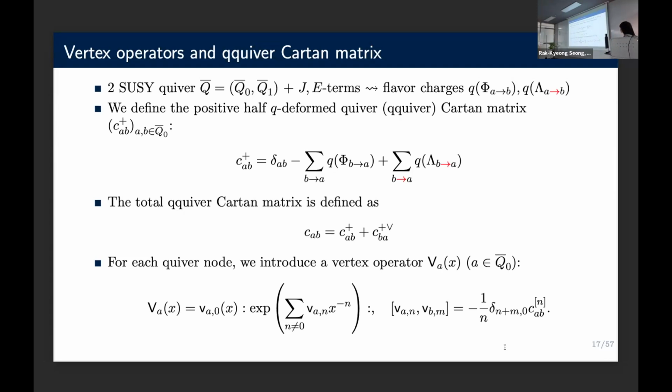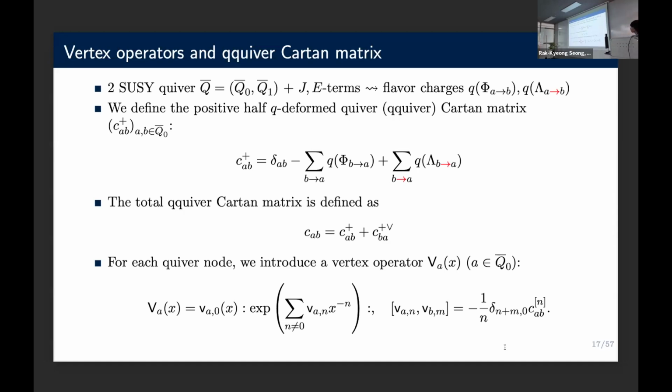Given a 2 SUSY quiver, let Q bar be a 2 SUSY quiver, and you have J terms and E terms, and assume that you can determine all of the flavor charges given these J terms and E terms. And for the moment, I will only focus on the quantum mechanics where the gauge groups are all unitary type. And given these flavor charges, you can write down what we call the positive half quiver Cartan matrix.